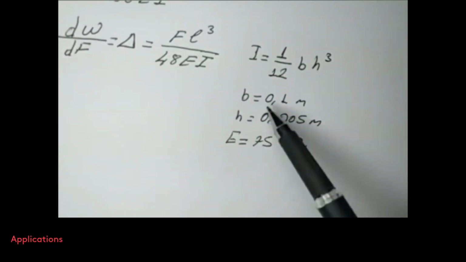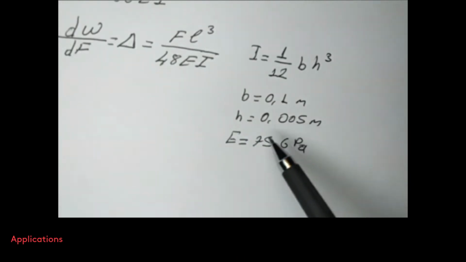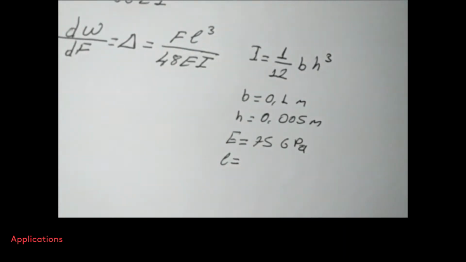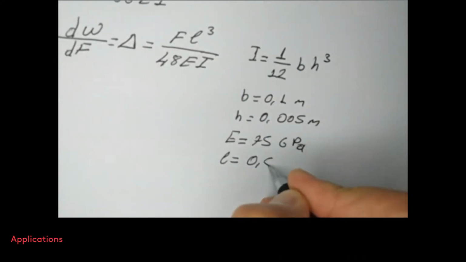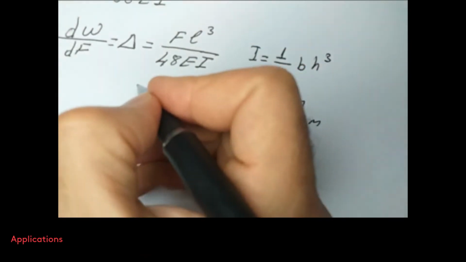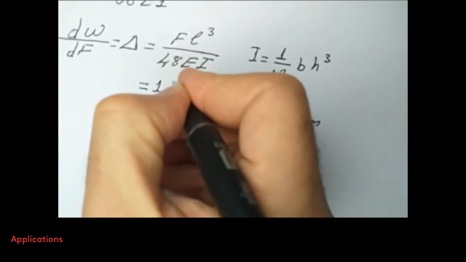L is the length of the beam, given as 0.5 meters. Then from here you can calculate the delta. Delta is 16.7 millimeters. So this is the deflection at the center of the beam.